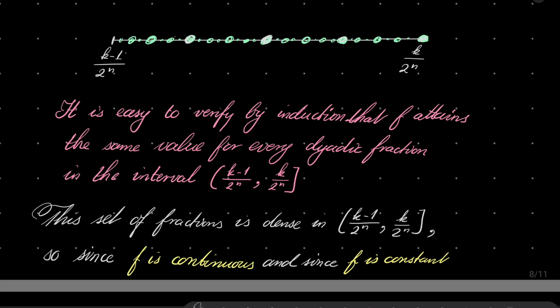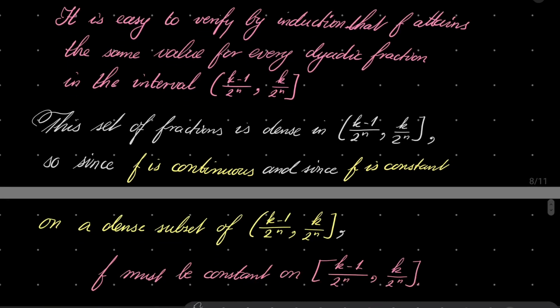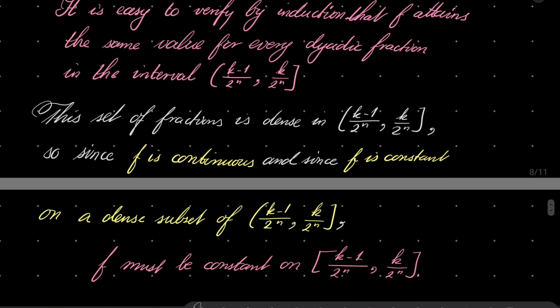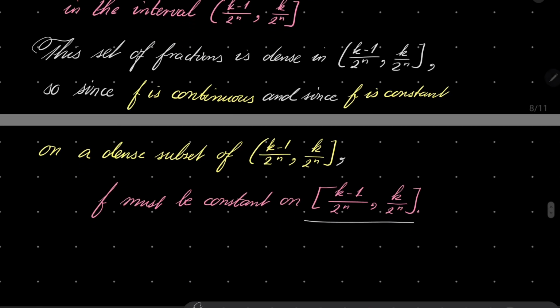These green points are called dyadic fractions. Since our function is constant on this green set, which is dense in the limit, and since our function is continuous, there is at most one way to extend it from the set of dyadic fractions. This way is of course to make it constant on the whole interval. And now this procedure works for every k.